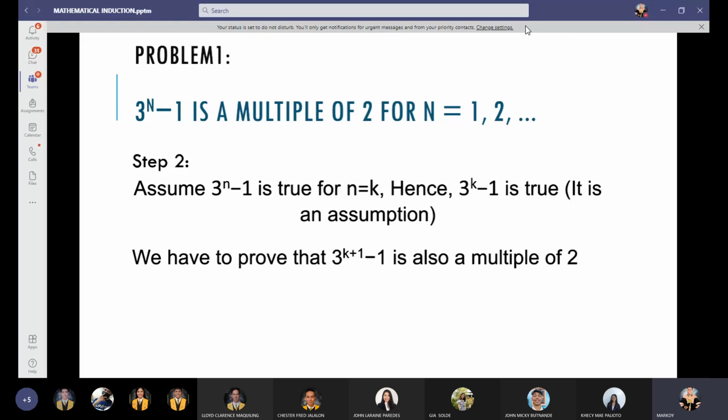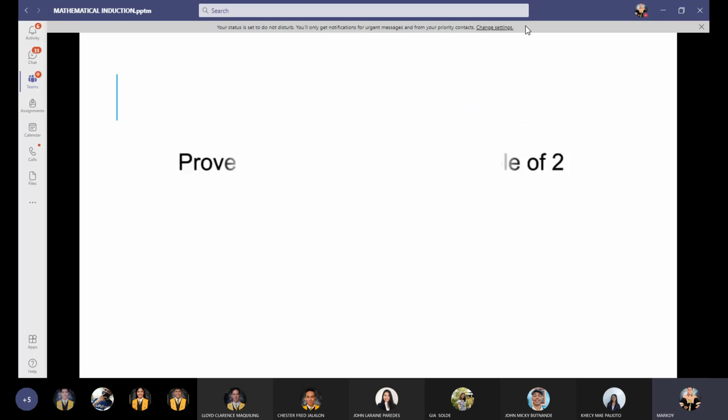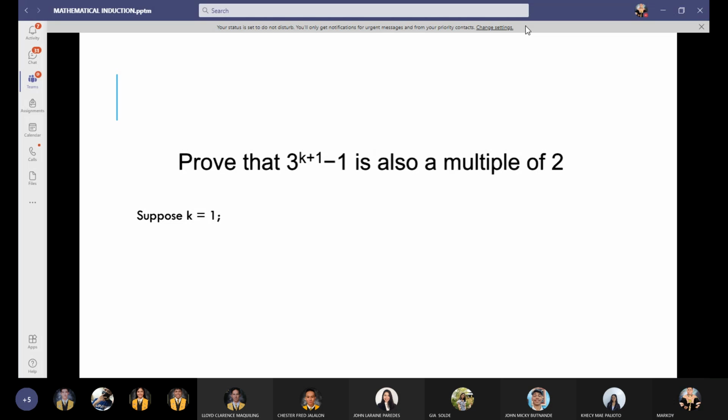So we have to prove that 3 to the power of k plus 1 minus 1 is also a multiple of 2. So let us say for example k is equal to 1. Okay, that is equal to true.